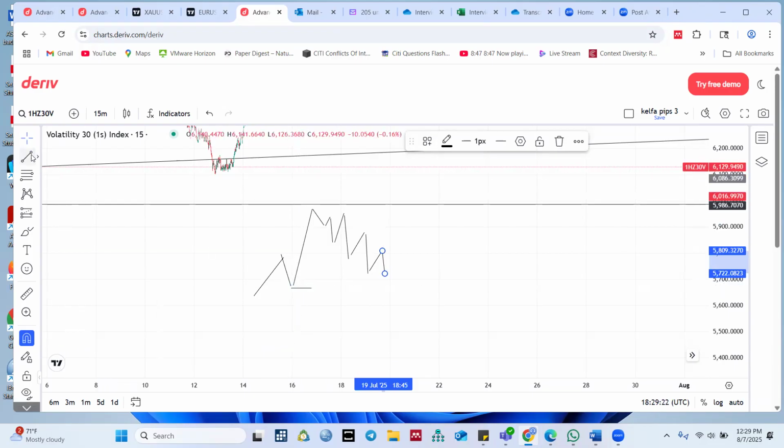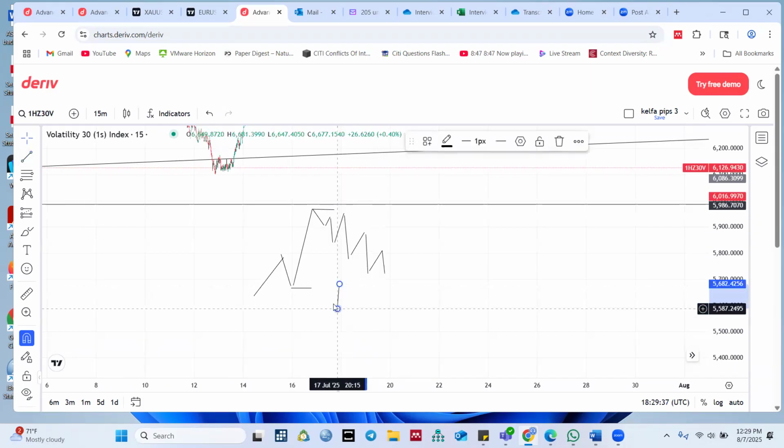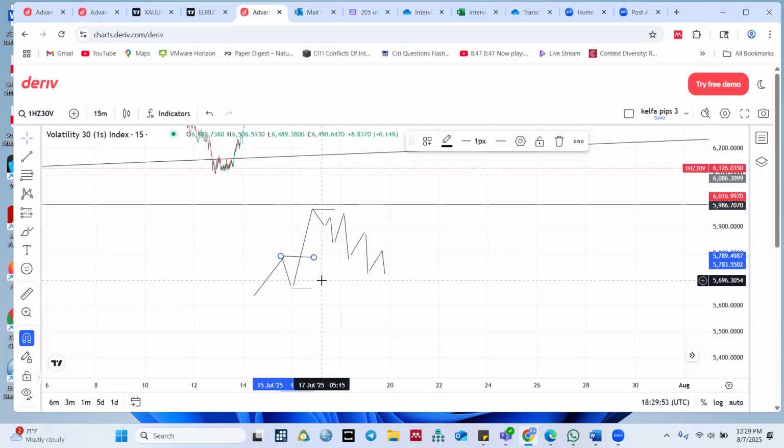This low and the high that it gave us, this activity that is happening within: one, we've not taken that high out, and two, we've not taken this low out either. So within here, price is still working within this bullish structure. Why is it bullish? It's bullish because the last high was taken out, was broken.